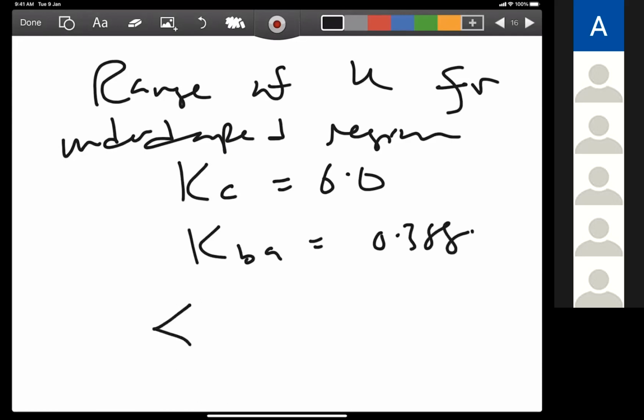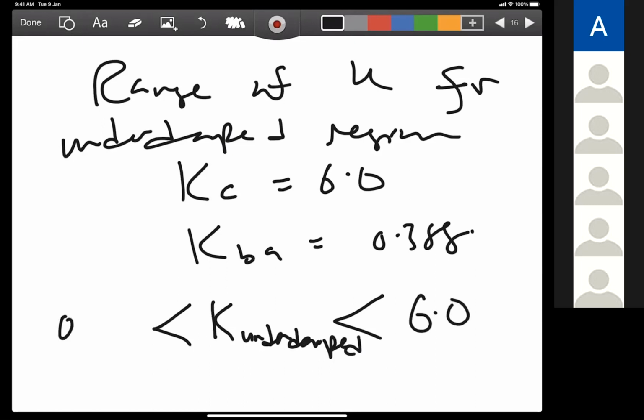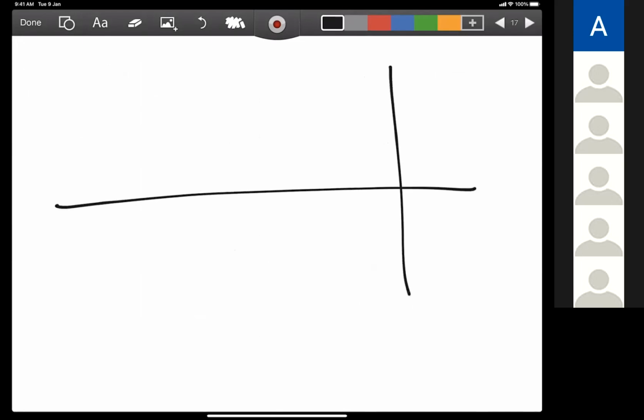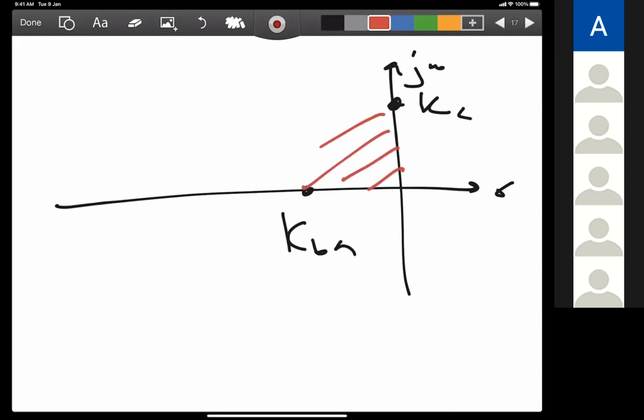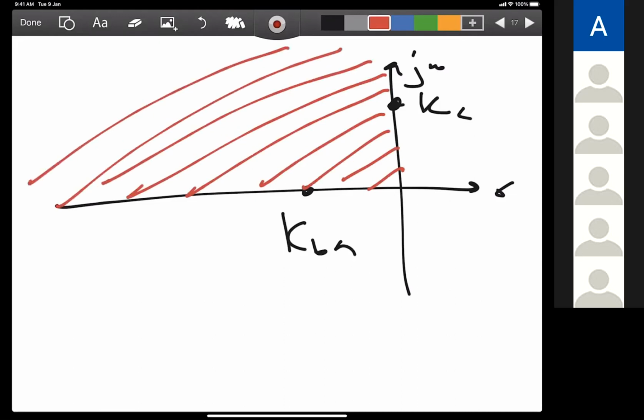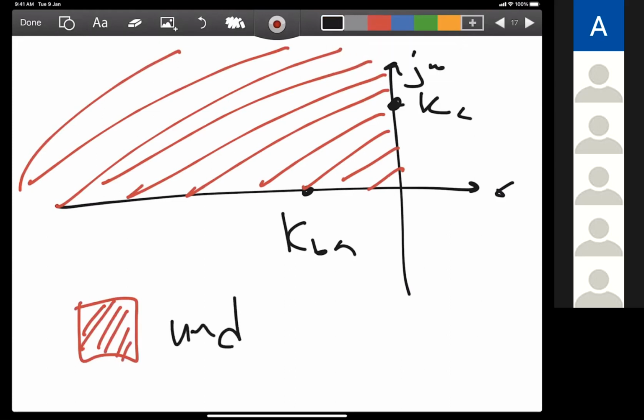So the underdamped k will be here, between the critical and the breakaway. So the underdamped region will be here.